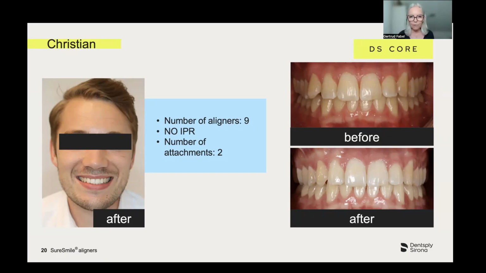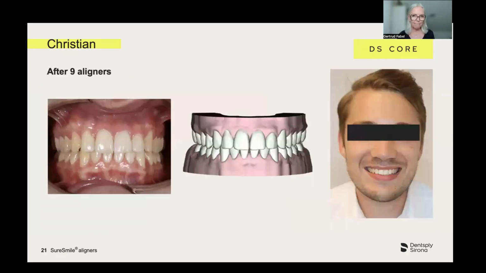So Christian was one of the 23% of patients who come with very detailed wishes into our practice. This is the result, and you can clearly compare the planning and the result. I like it.